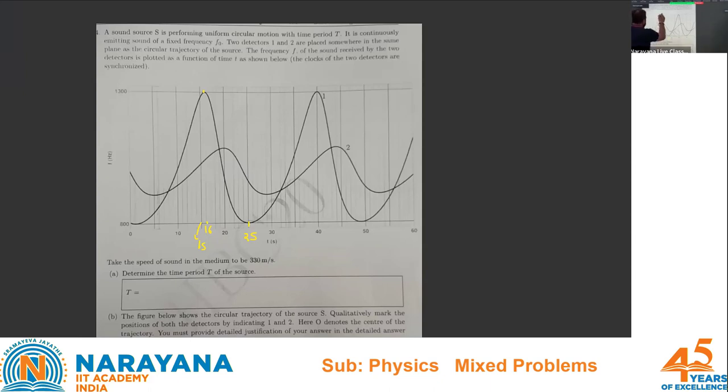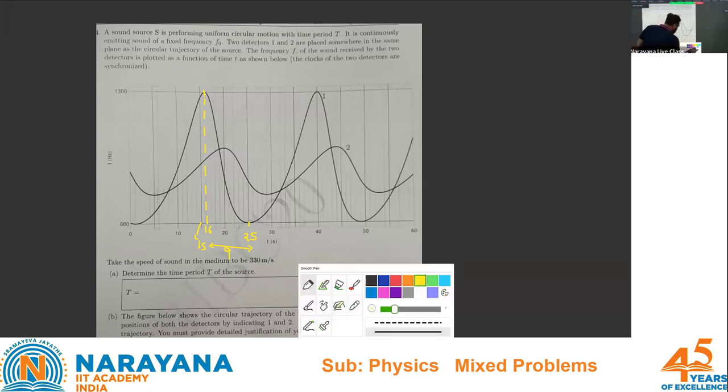So from this peak point to the min point, this is 16, and this other point is 25. As far as the lower one is concerned, one thing is clear: if you look at the time gap between maximum frequency and minimum frequency, it comes out to be 9 seconds. So this gap will be useful for us. Just focus on this. Max to min is 9 seconds.